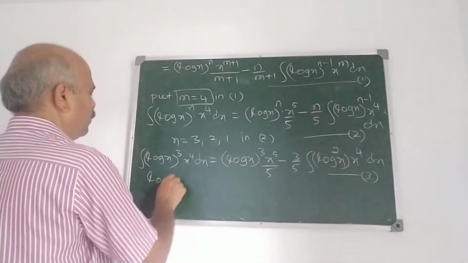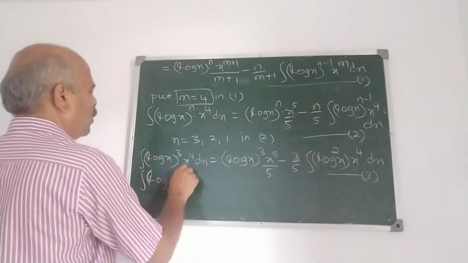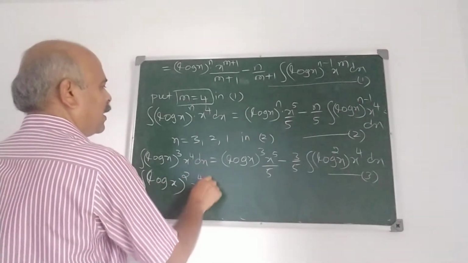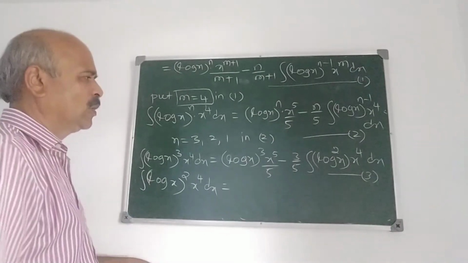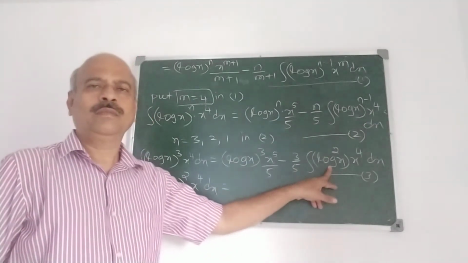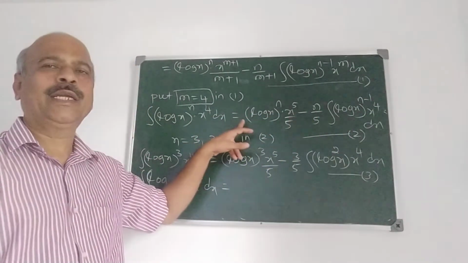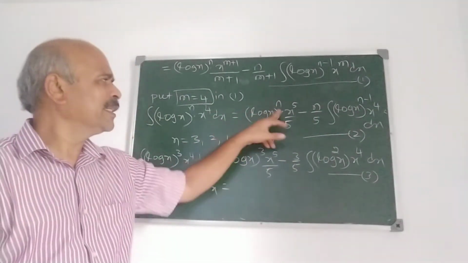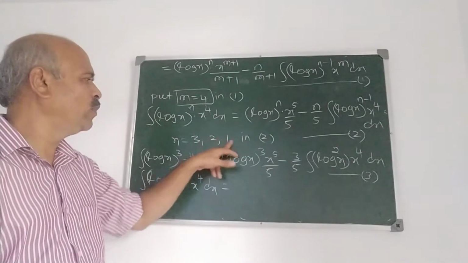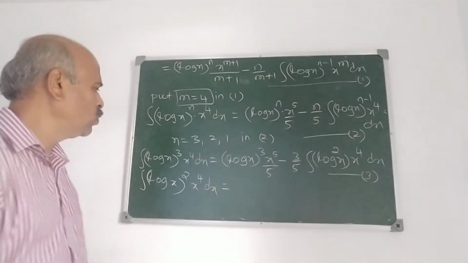Take n is 2, integral log of x raised to 2 x raised to 4 with respect to x, because we require this one now. First we have taken m is 4, we have one expression. In this expression we successively take n is 3, n is 2 now.